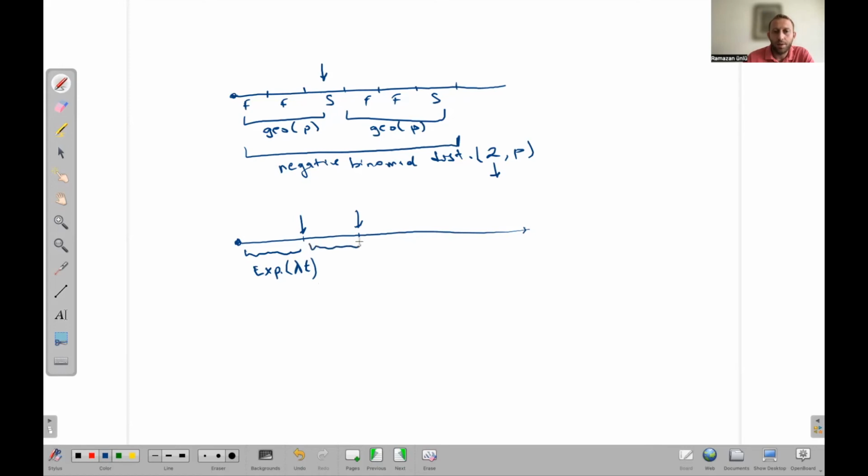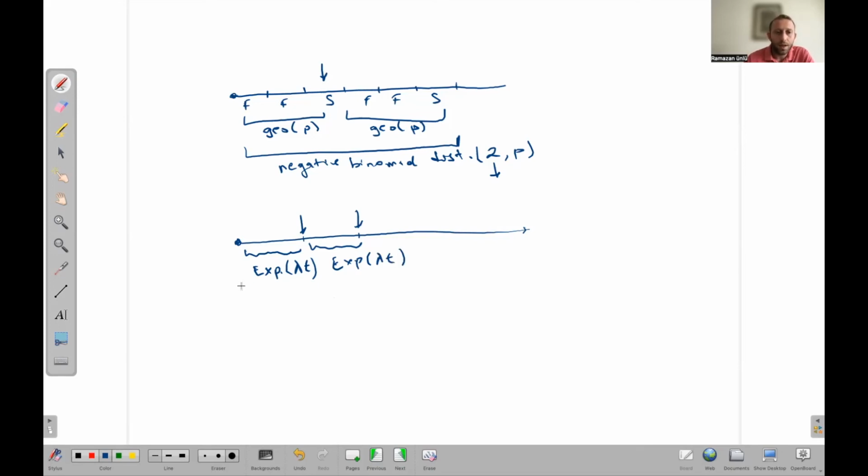And this part, again, the exponential distribution is memoryless. That's why the second time interval is again exponential with parameter lambda t, right?